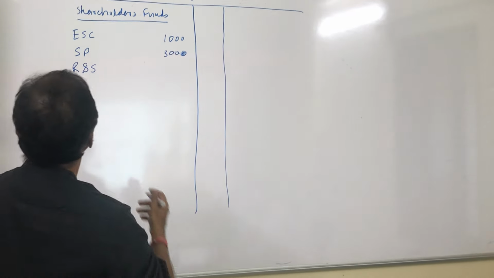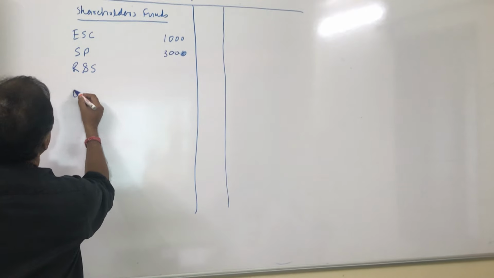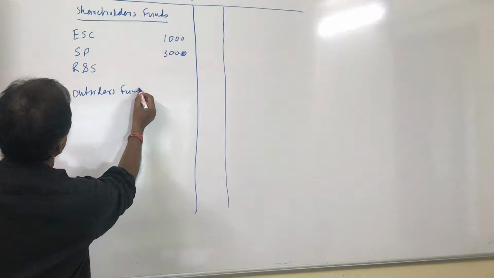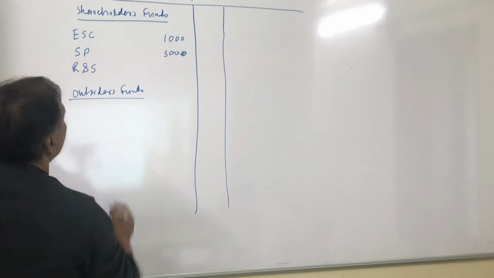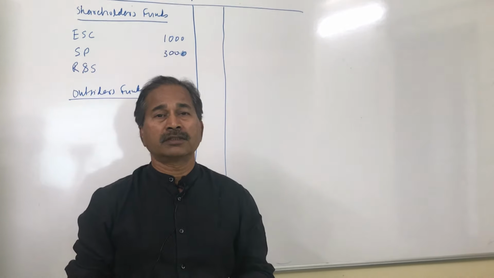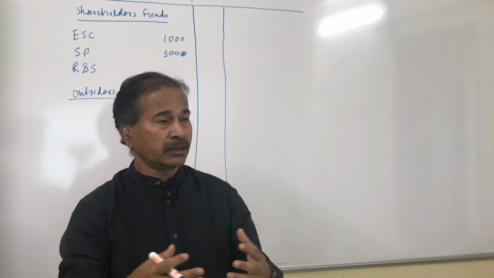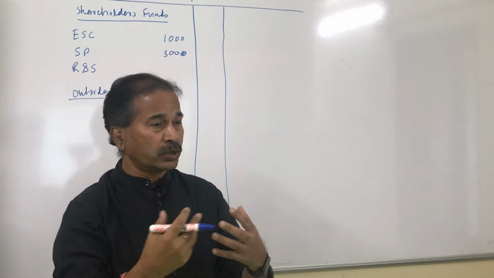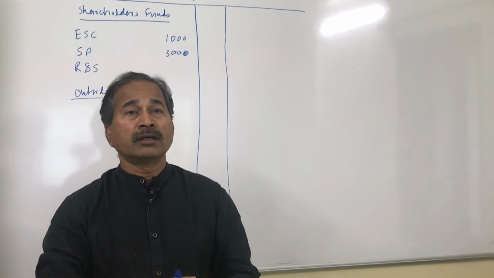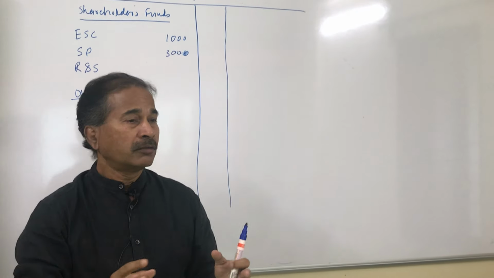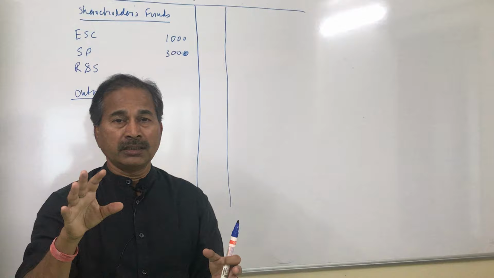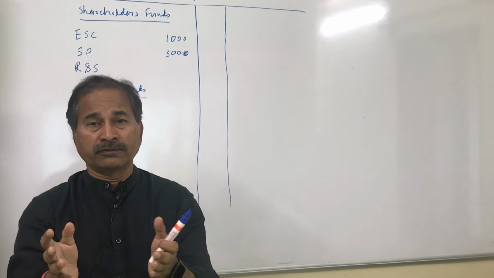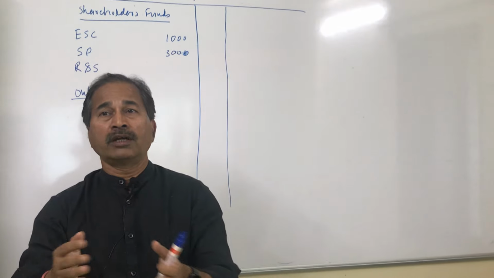Other than this, you have the outsiders funds. So you have the shareholders funds, and then you also have outsiders funds. Meaning, when you start a business, the shareholders or the owners of the company will put in money. More often than not, the money contributed by the shareholders or the promoters or the owners is not enough. So you need to borrow. And how do you borrow?